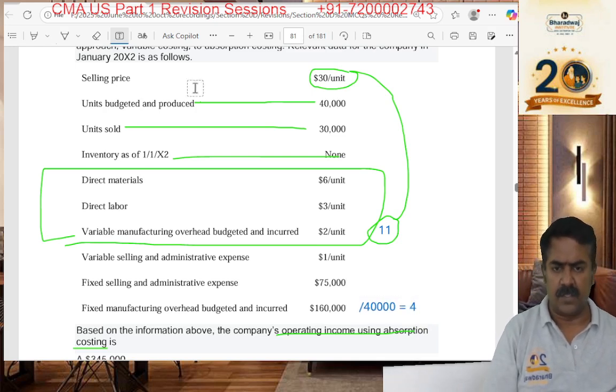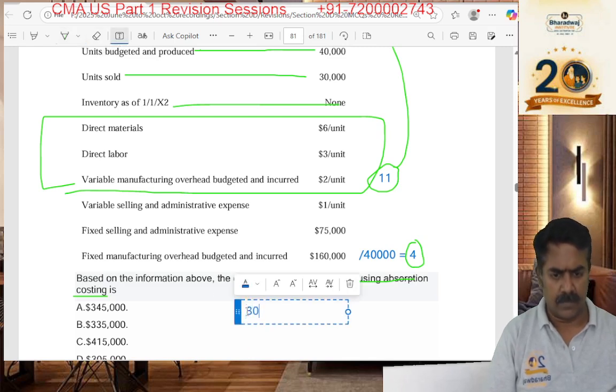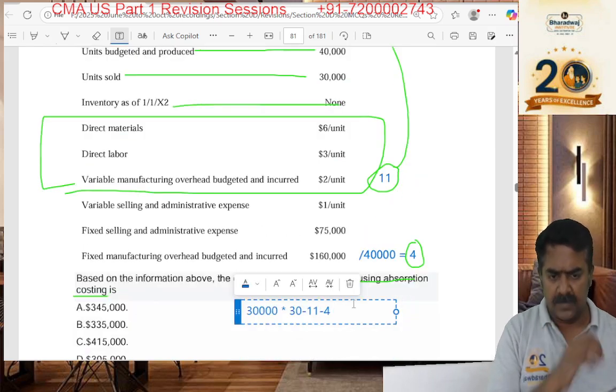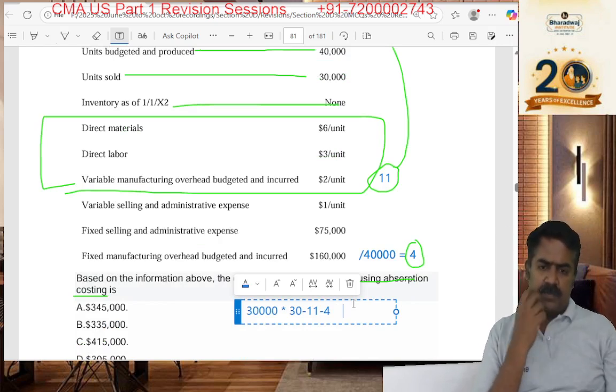This also you should consider. So 30 minus 11 minus 4. How much is it? 15. How much is 30,000 into 30 minus 11 minus 4?